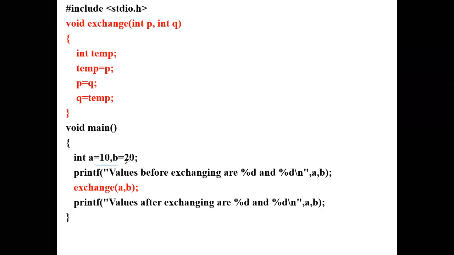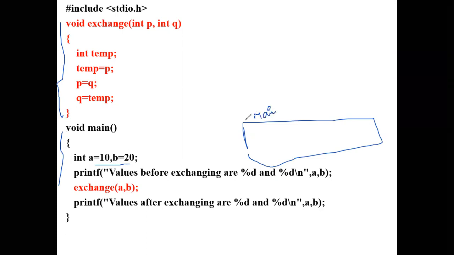Here, this is our function definition, and this is our main program. In main we have two variables, A with 10 and B with 20, and they will have some address.